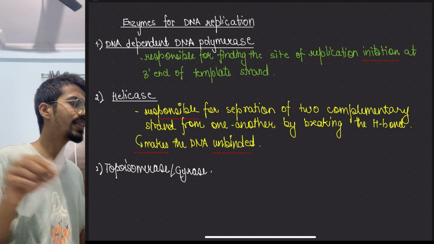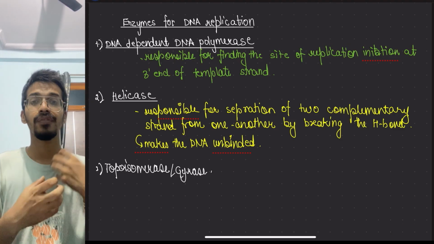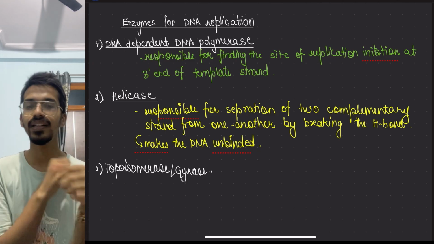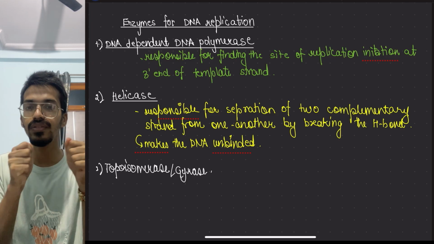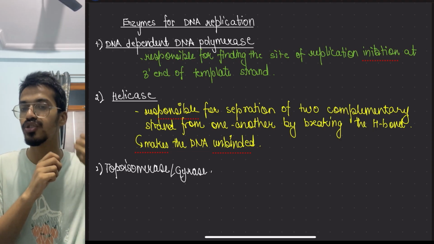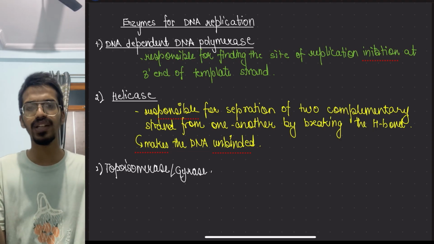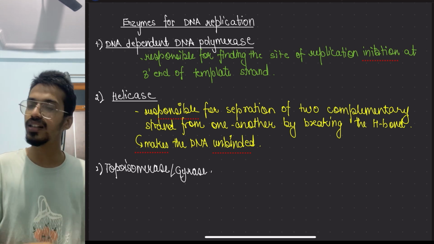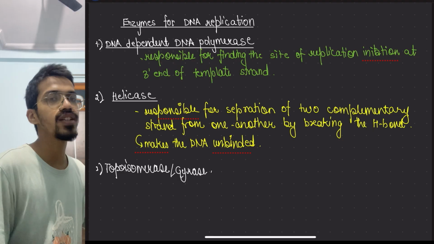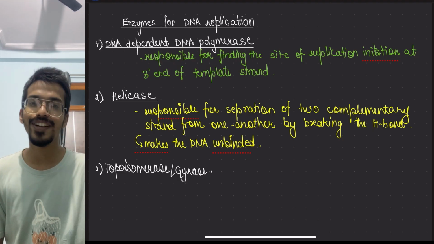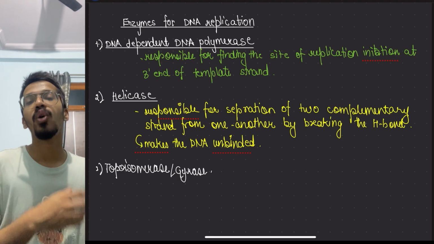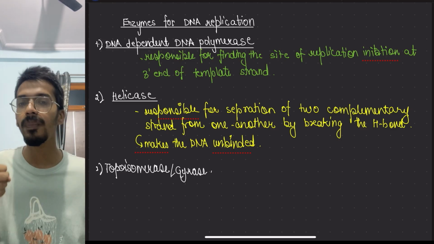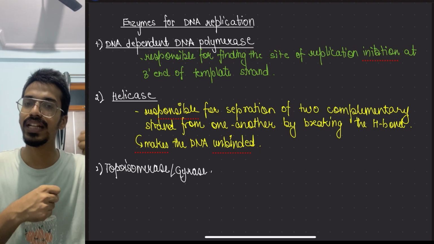You might have seen that when girls have braids like this, if you try to open it, it will stop unwinding. Initially it will unwind for a certain time, after that it gets stuck. The girls will be able to understand, and boys who don't, ask your female friends or siblings, or your mother, or any female who has braids. If you open it like that, it will get tensed over here, so tension will occur.